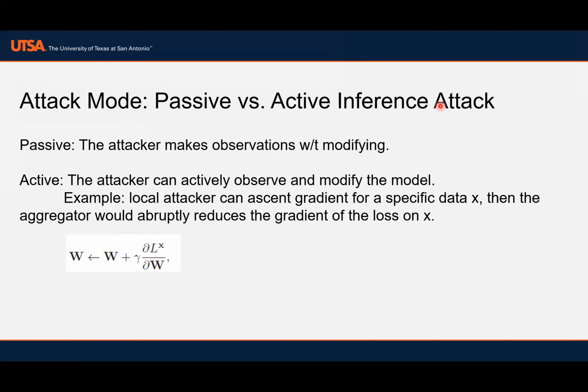For example, a local attacker can assign gradient for a specific data X. Then the aggregator would abruptly reduce the gradient of loss. So the local attacker would get a different gradient. He can use the gradient to justify the membership inference.